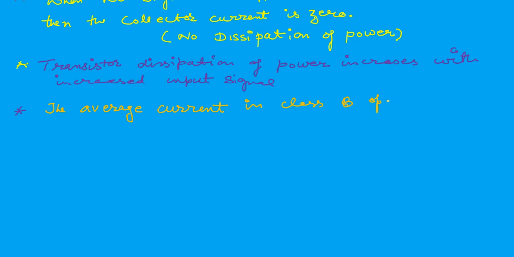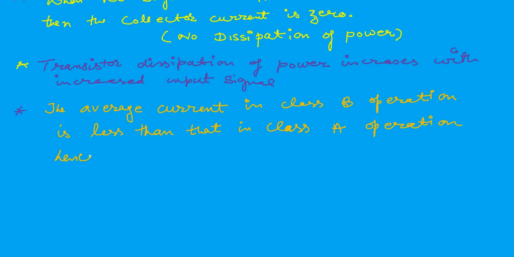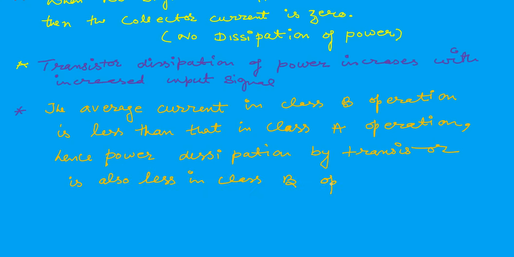As well, the average current in class B operation is less than that in class A operation. For detail, go to my previous videos for class A, class B amplifiers. Hence, power dissipation by the transistor is also less in class B operation.